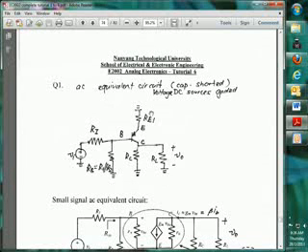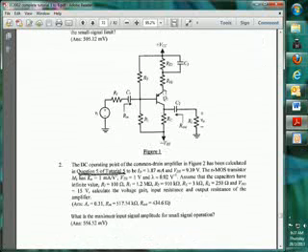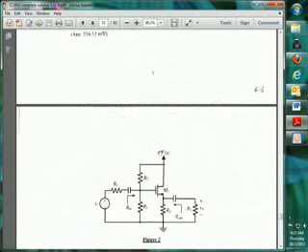Here. For emitter, it's connected to RE1 to ground. Emitter is connected to RE1 to ground because C2 is grounded. For collector, it is connected to RC to ground, connected to RL to ground.